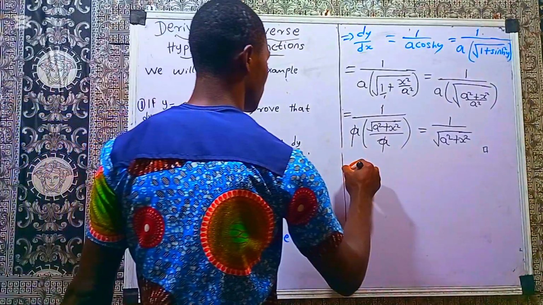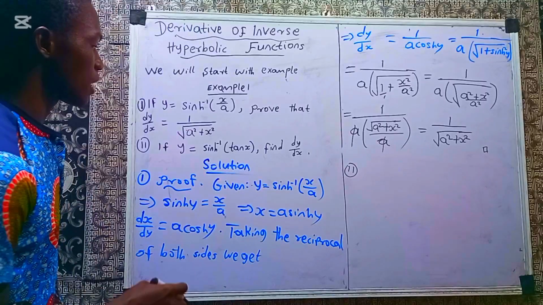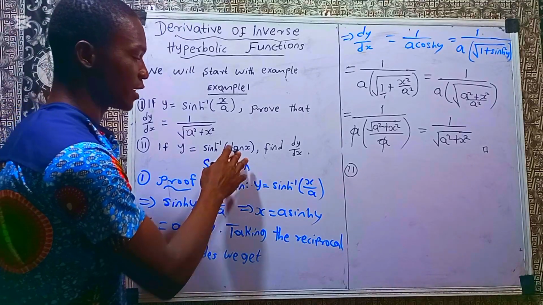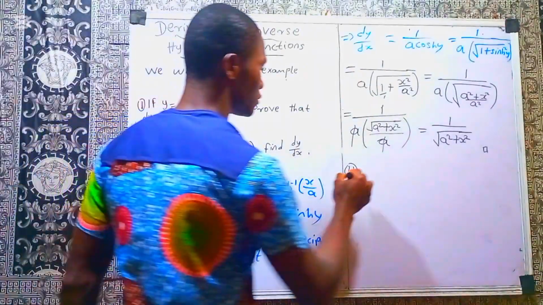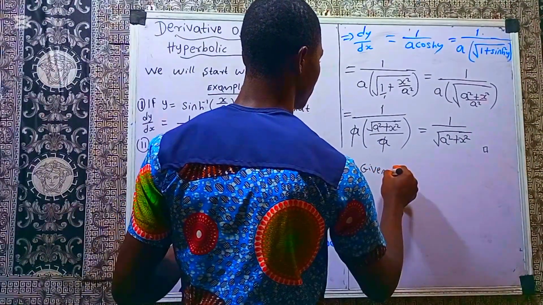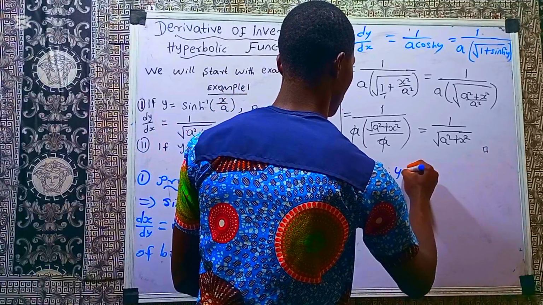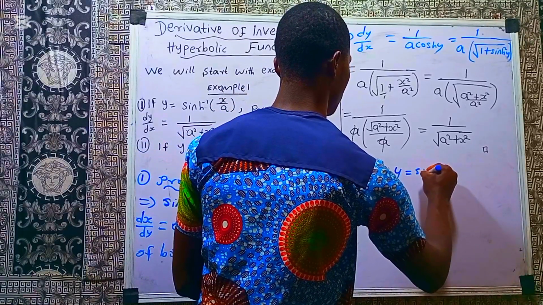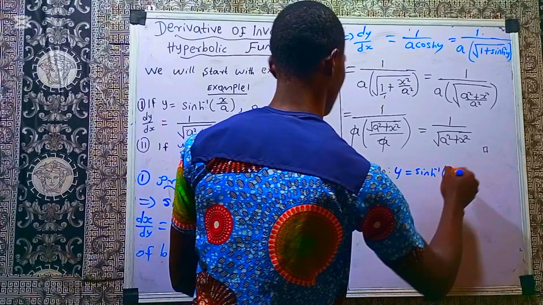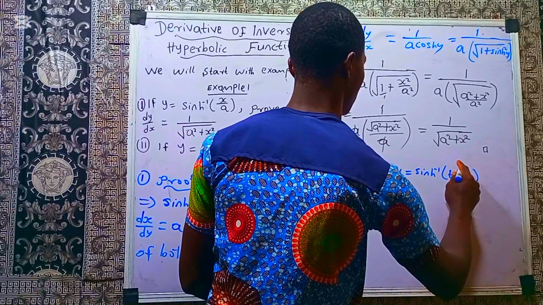So for the second part, they say if y is equal to hyperbolic sine inverse of tan x, find dy/dx. So we are given y is equal to hyperbolic sine inverse of tan x.